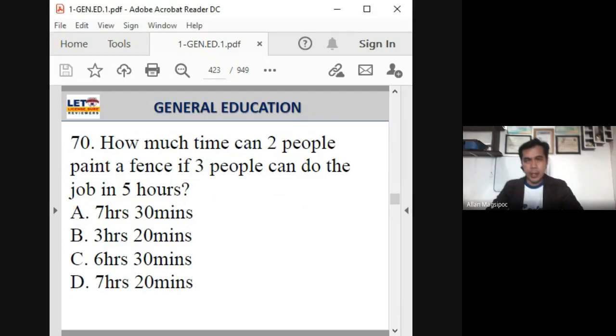How much time can 2 people paint a fence if 3 people can do the job in 5 hours? Okay, thank you for your responses. How about the others?